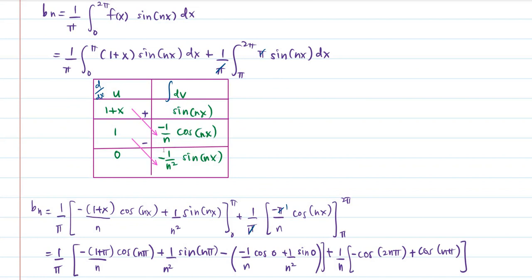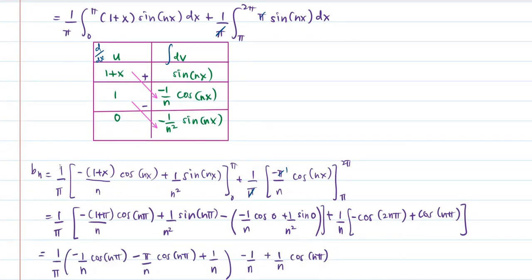And next, here b of n is equal to 1 over pi. Positive, positive, negative, negative. Remember to write 1 plus x in bracket, because there would be a lot of difference if negative 1 plus x in bracket or negative 1 plus x directly. And next, positive, negative, negative will be positive again.